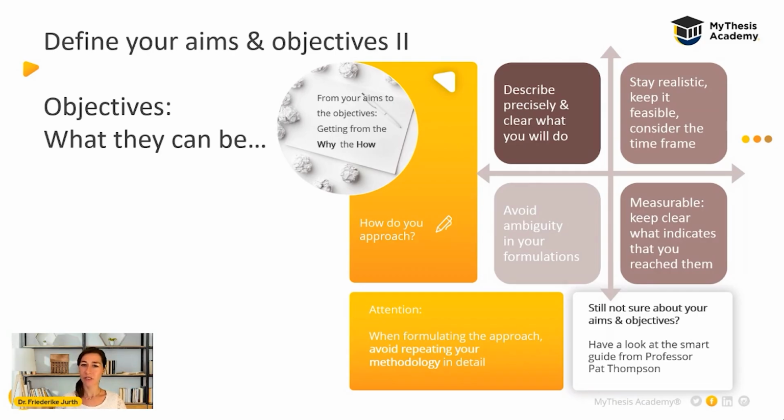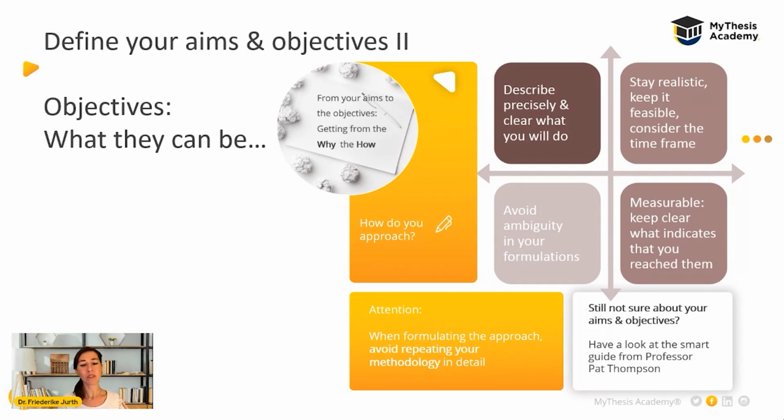For this, it is very important that you stay very precise and that you avoid vague formulations, for example. It has to be realistic and feasible, in consideration of the time frame and also of the scope. This, once again, is important. And it also has to be measurable. So keep it very clear what indicates that you reach the objectives.